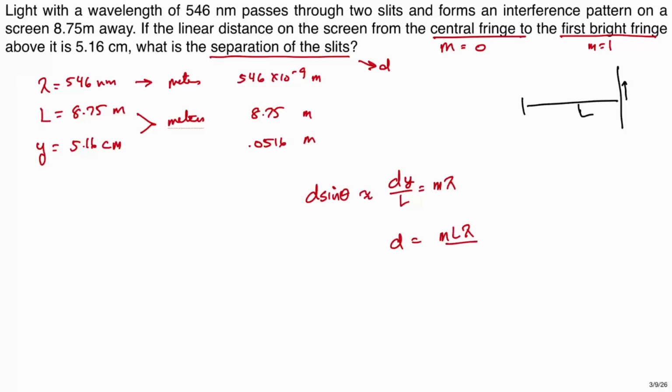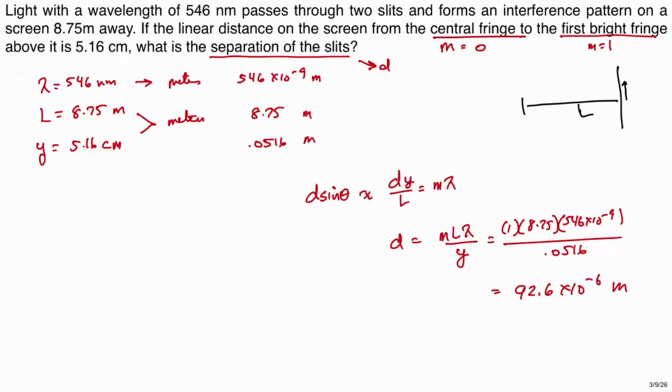d equals m L lambda over y. The m is 1, the L is 8.75, the lambda is 546 times 10 to the minus 9, and the y is 0.0516. I have an argument with my calculator, and I find that it is 92.6 times 10 to the minus 6 meters.